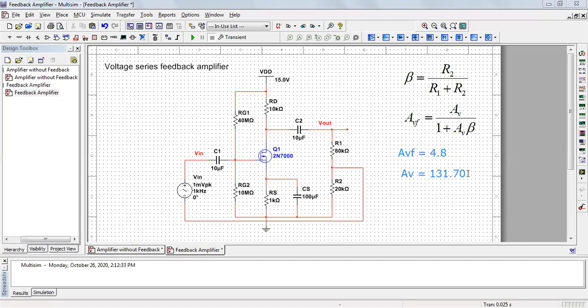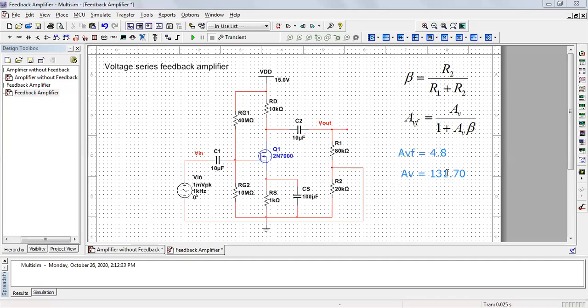Okay, and we can control the gain: we can calculate how much beta we should provide. We can say, for example, I want a gain of 50. So I have to calculate how much beta I require, and beta I can control by selecting the R1 and R2 values.